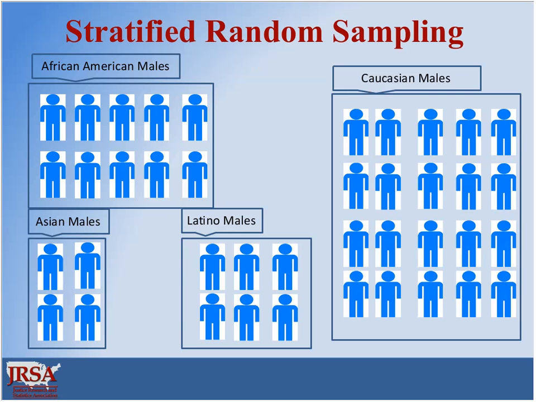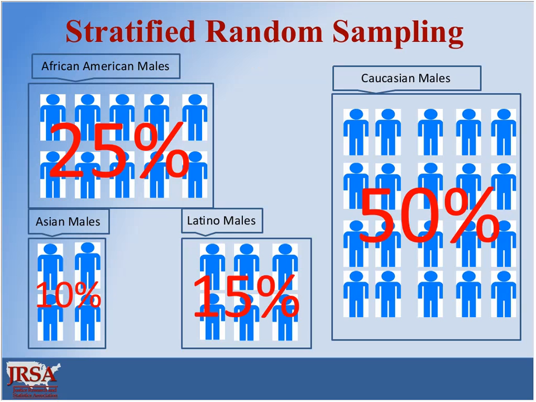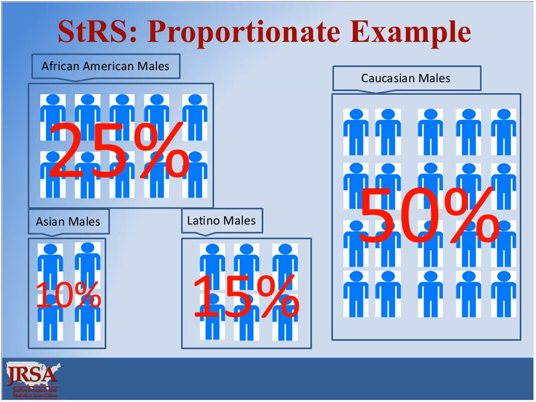here are 4 racial and ethnic groups: Caucasian males, African American males, Latino males, and Asian males. And here, overall, if this is our population, we see that Caucasian males represent 50% of the group, African American males represent 25%, Latino males represent 15%, and Asian males represent 10%.